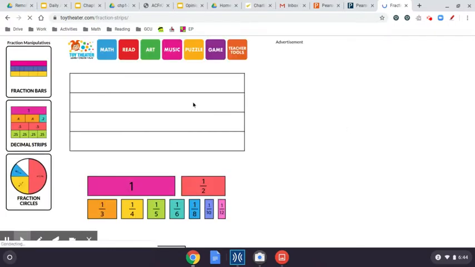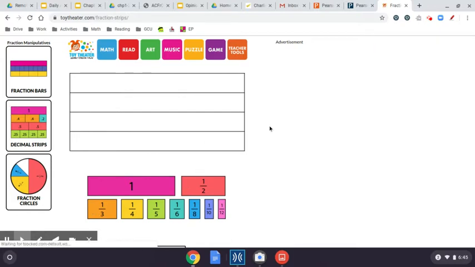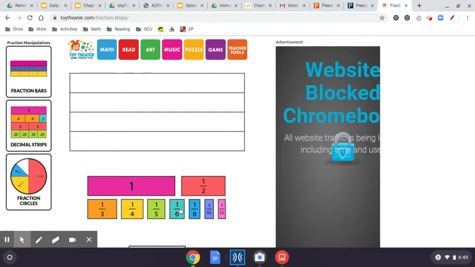If I'm having 2/6, I need two of these 1/6. Here's 1/6. Here's another 1/6. So now how many total pieces do I have here? I have 1/6, 1/6. I have 2/6 pieces, right?